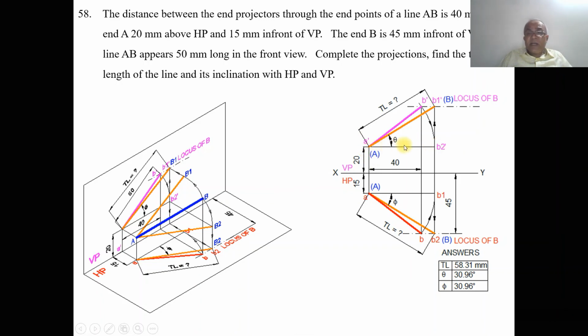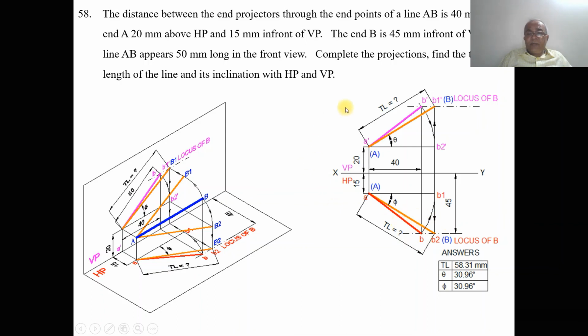As the line is parallel to the XY line in the front view, its corresponding top view A and B2 will be in true length. So draw a vertical projector from B2 dash and cut the locus of B in the top view, which is at a distance of 45 mm in front of VP. Then you mark this as capital B and this as capital A. Then join A and B2 a little bit thicker than the XY line.